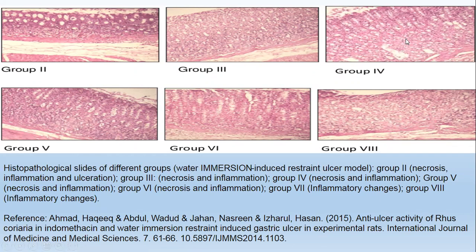This is group 4, necrosis and inflammation. This is group 5, this is group 6 and this is group 7. This is only the inflammatory changes. These all are necrosis and inflammatory changes, but we can easily differentiate between each of the groups.